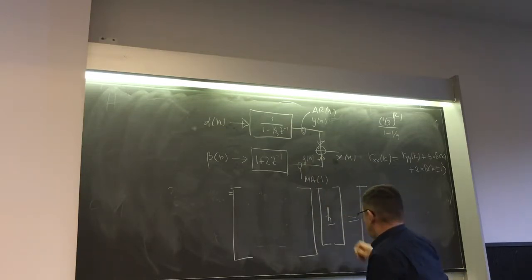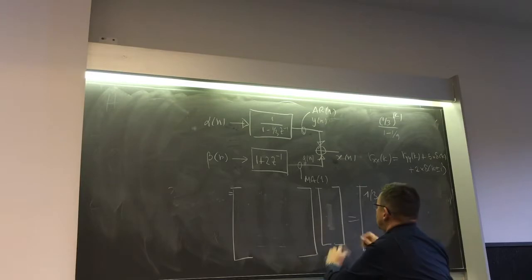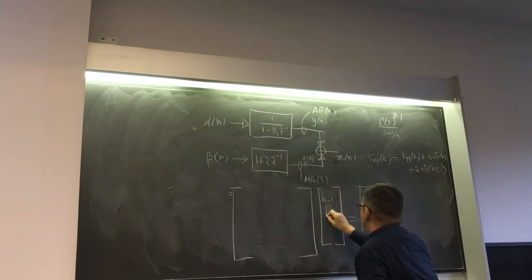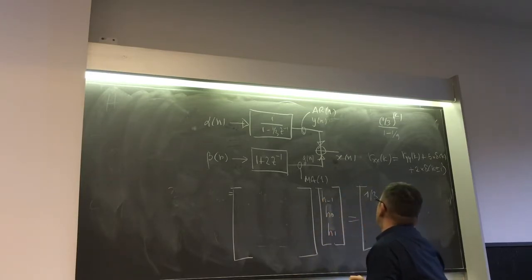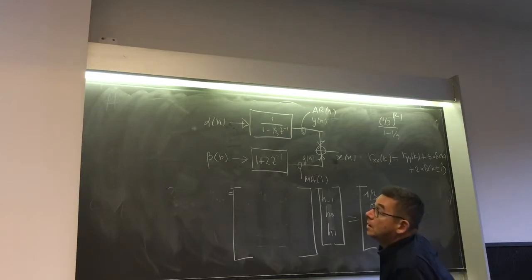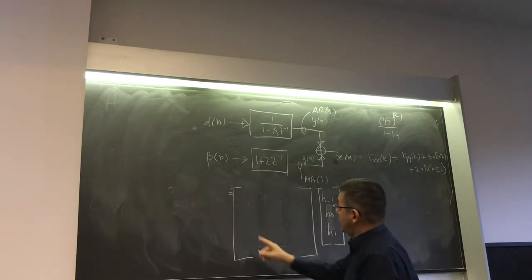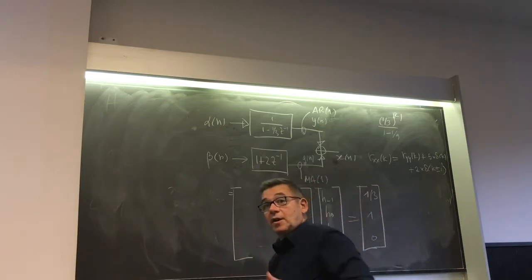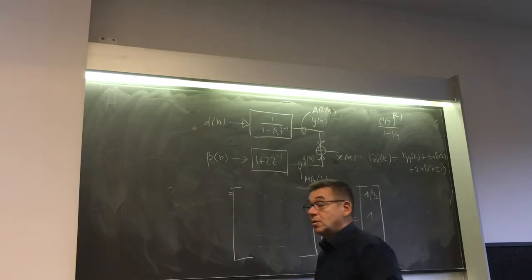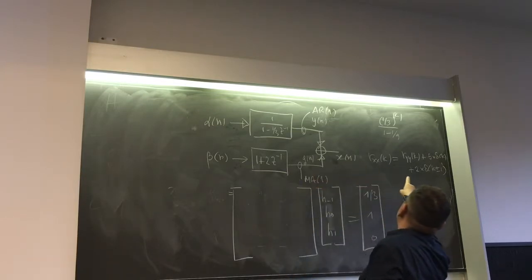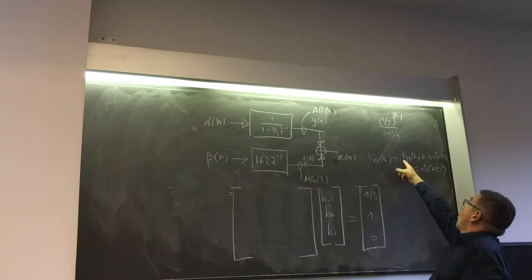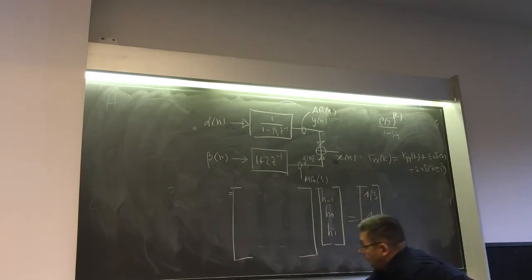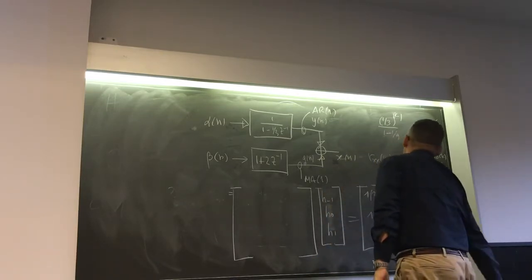It's h minus 1, h0, h1. So it's 1/3, 1, 0. And here the matrix R is Rxx0. Okay, so Rxx0 is 1. Computed for the form.